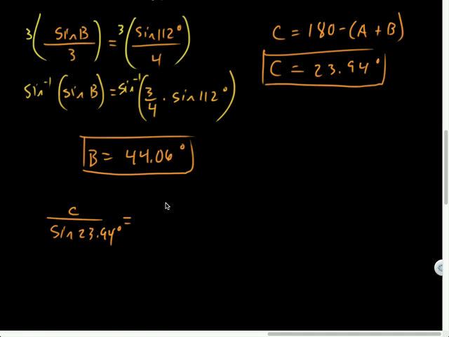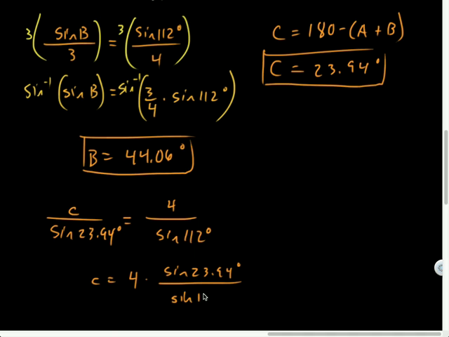Equals, let's compare it to the A's, 4 over sine of 112 degrees. So little c is equal to 4 times the sine of 23.94, because I'd multiply both sides by sine 23 over sine of 112 degrees, right?